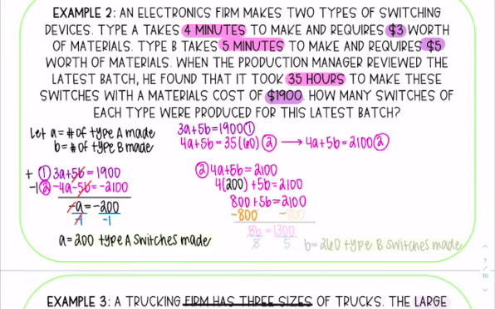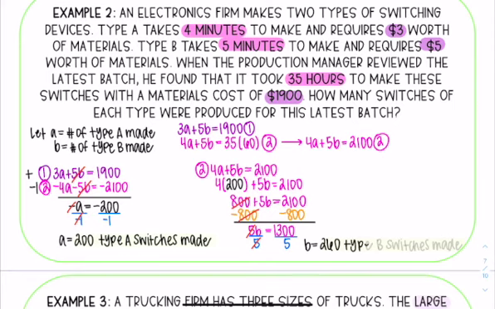Subtracting 800 from both sides. We get 5B is equal to 1,300, and dividing by 5, we get B is equal to 260.